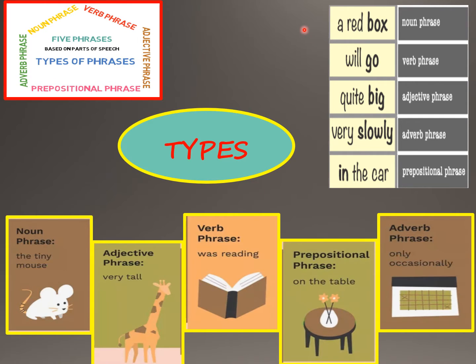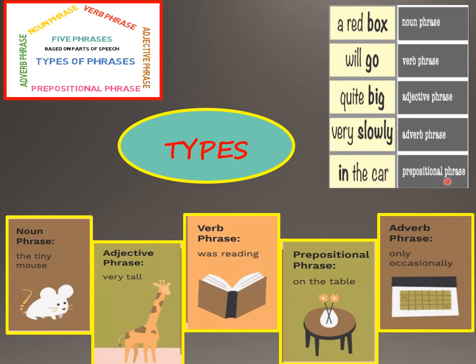Now look at this box that I've given here, the table here. A red box is a noun phrase because it consists of a noun. Will go is a verb phrase because it has a verb, go. Quite big is an adjective phrase because it has big as an adjective in it. Very slowly is an adverb phrase because slowly is an adverb which forms part of this phrase.